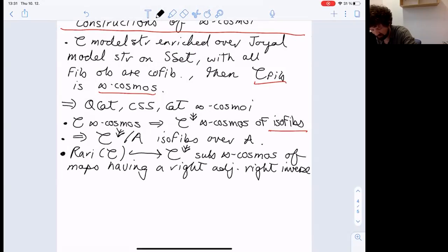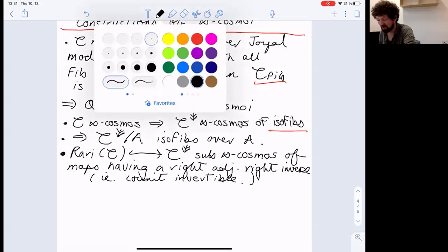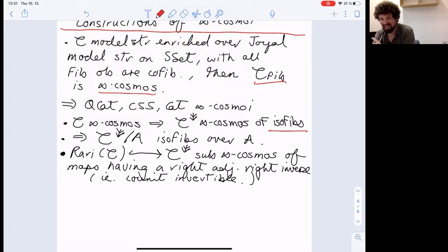What does that actually mean? It means that the counit of the adjunction is invertible. Sounds a bit obscure. I actually sometimes call this Lally, but I'm changing my notation here to follow Emily and Dominic.